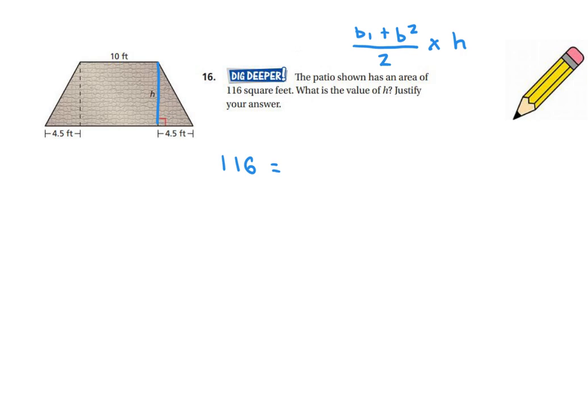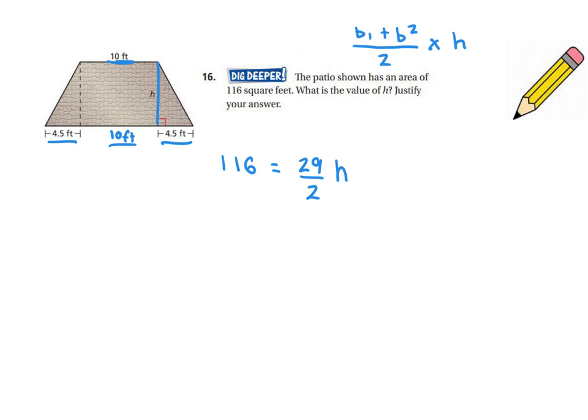So we know this little piece is 10 feet. 4.5 and 4.5 is 9, plus 10 more is 19. 19 plus 10 is 29, so we'll do 29 over 2. We just took care of that portion of our equation, times the height. So we have 116 equals 29 over 2h.